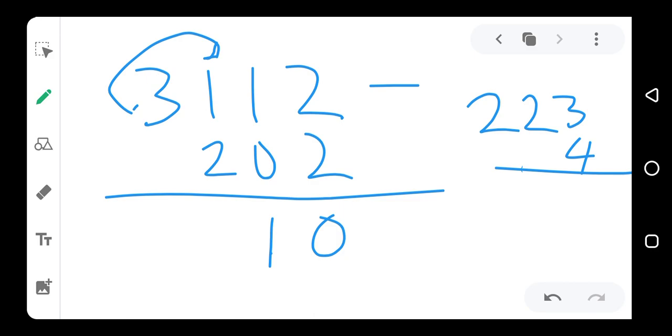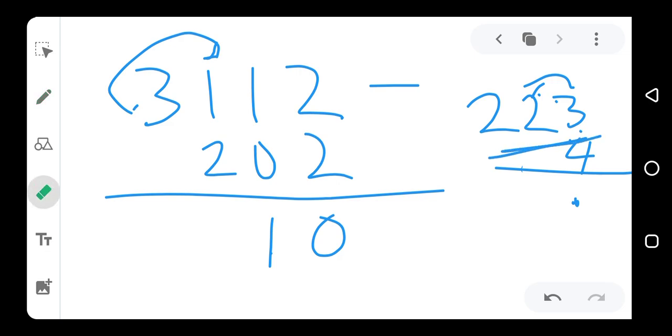So if we borrow 1 from this, assuming that this is in base 10, and we bring it to this side, we call it 10. And then when we add it to this 3, it becomes 13. And then we now say 13 minus 4. Then whatever it gives us, we write it here. Now this is because we are working with base 10 here.